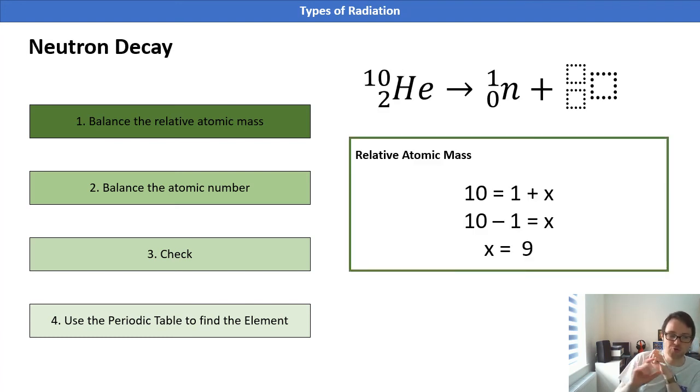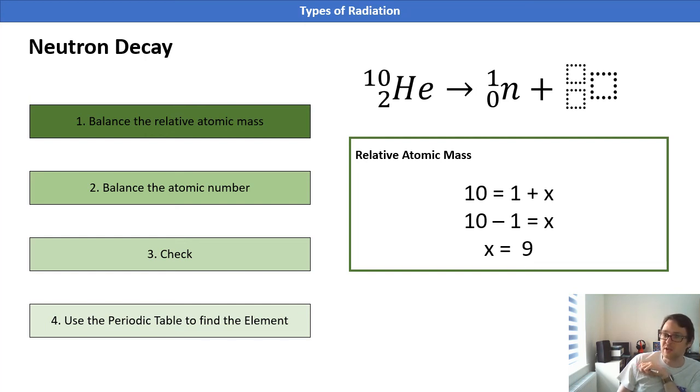Okay, so that's, oh no, one more. We've got neutron decay. And in neutron decay, we are losing a single neutron from the nucleus. So here we've got helium-10, so it's 10 protons and neutrons. 2 of those are protons, so we've got 8 neutrons in helium-10.